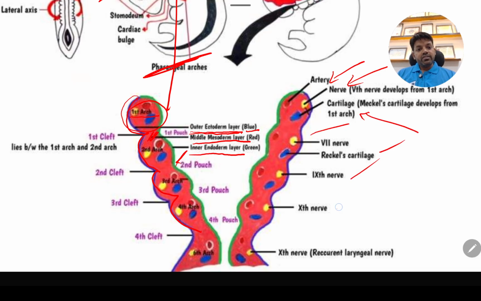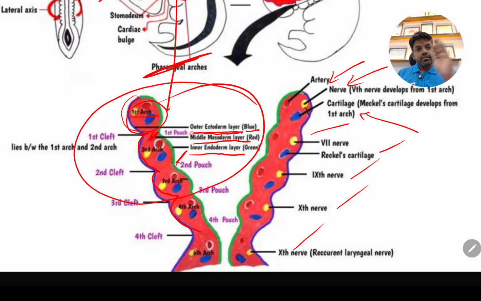This will not be required right now. For us, the only important thing is all these terminologies. I hope this is very clear for you. First cleft, second cleft, first arch, second arch, ectoderm, mesoderm, endoderm. Now we will see which organs these layers will develop into.